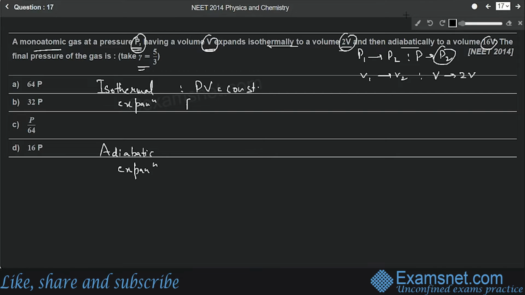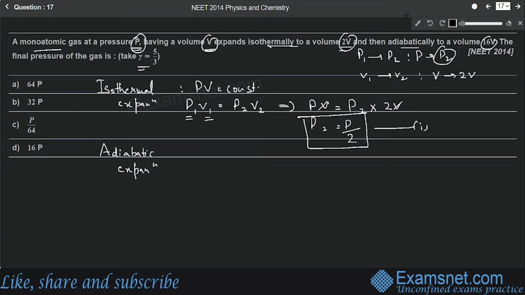That means P1 V1 will be equal to P2 V2. P1, that is initial pressure, was P, and initial volume V1 was V. So PV is equal to the final pressure P2, which is unknown, into final volume, that is 2V. So from here we can say that the final pressure P2 is equal to P by 2. This is the value of P2. Let's write it as equation 1.